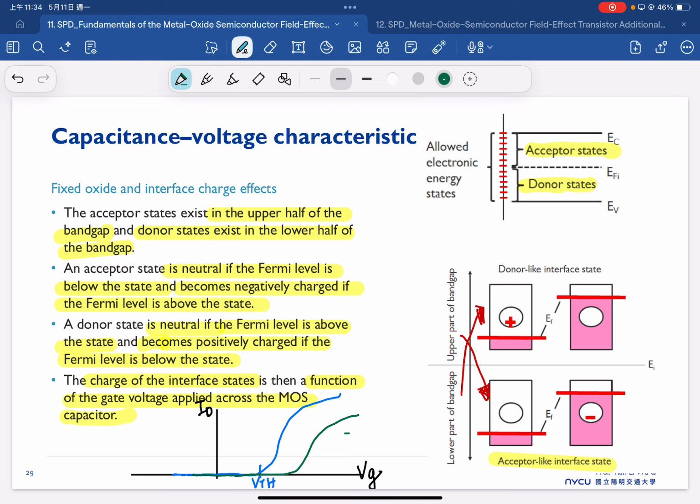This is because of the negative charge in the acceptor state, and that can also be considered as electron trapping.